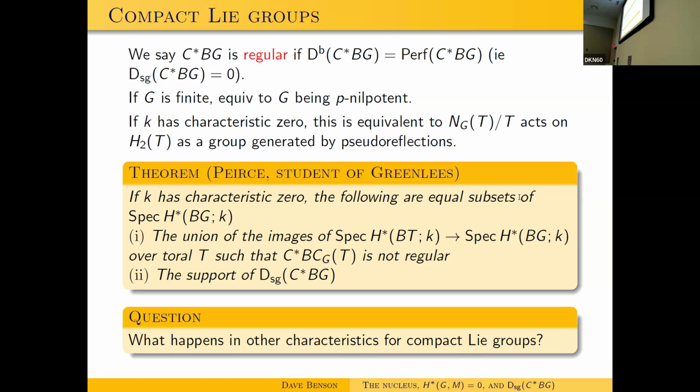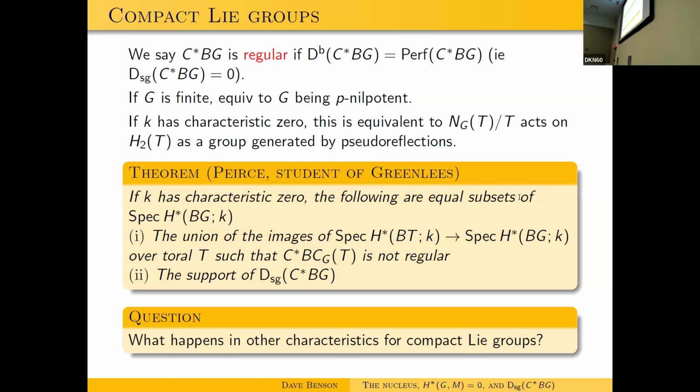Could you say what the difference between 0 and empty nucleus is in terms of modules? Yes, it's really a question. If you look at the bounded derived category instead of the stable module category, it's a question as to whether there are complexes of modules that are not perfect, but still have no cohomology.